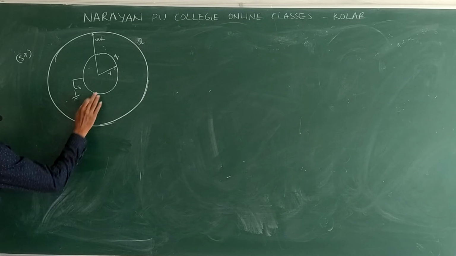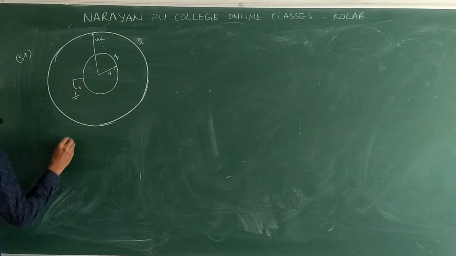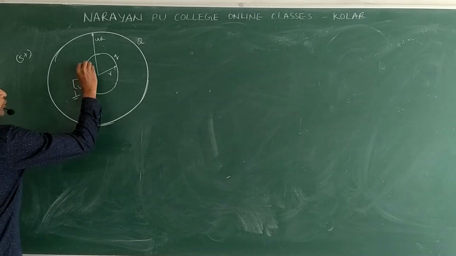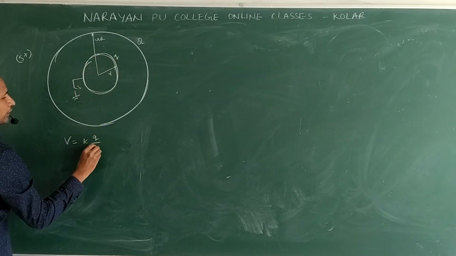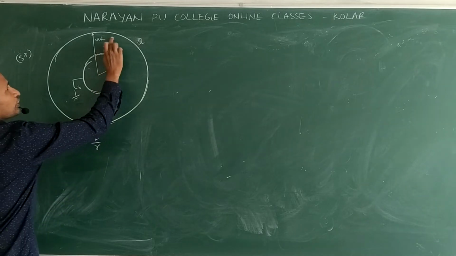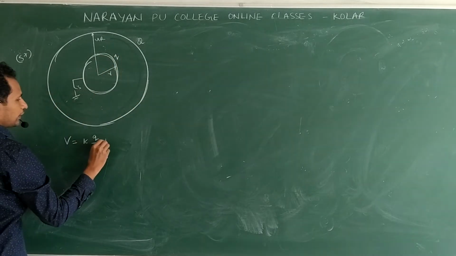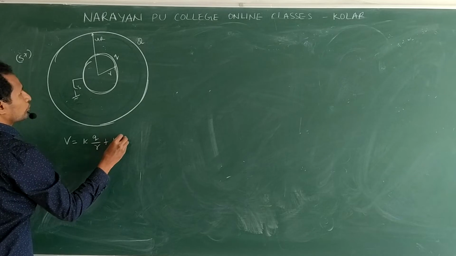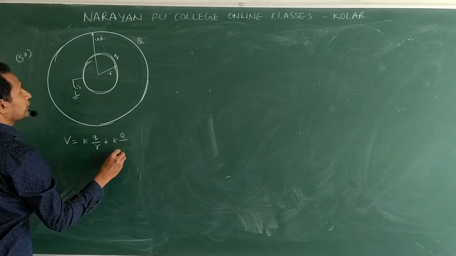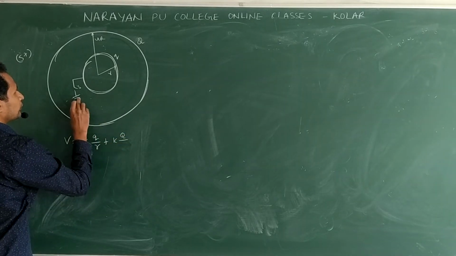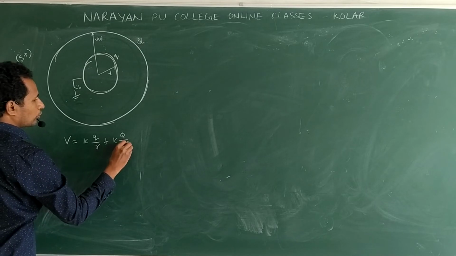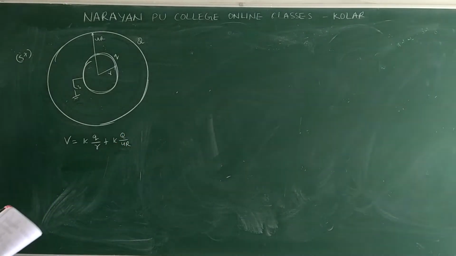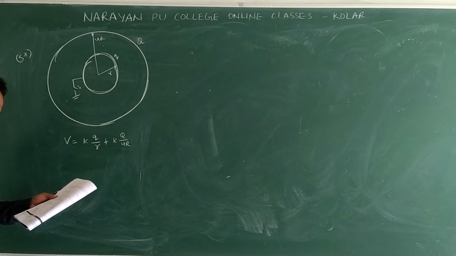Then what happened? Potential inside and outside or on the surface will be V is equal to potential of first this sphere, K into Q by R, and potential of the bigger one plus K into capital Q by 4R. Clear? Now this is before.